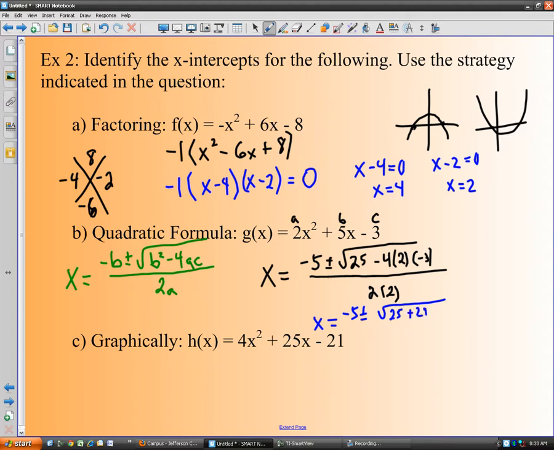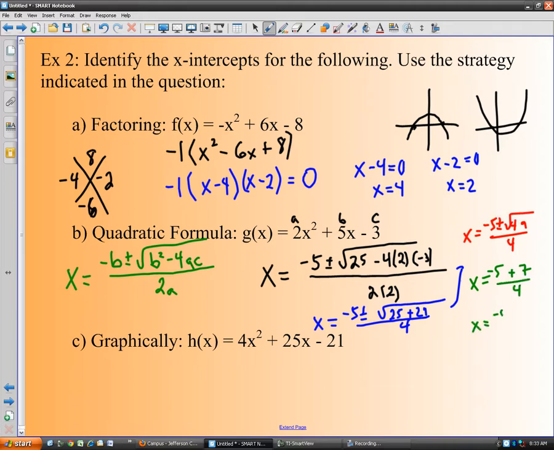And so I'm going to kind of move up here for lack of space, and so x will equal negative 5 plus or minus the square root. If I add those guys together, I believe that's 49 over 4, and so x will equal negative 5 plus 7 divided by 4. That's the square root of 49. And the other option is x will equal negative 5 minus 7 over 4.